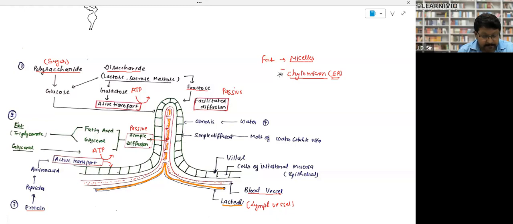Further, micelles are converted into very small droplets of fat called chylomicron.